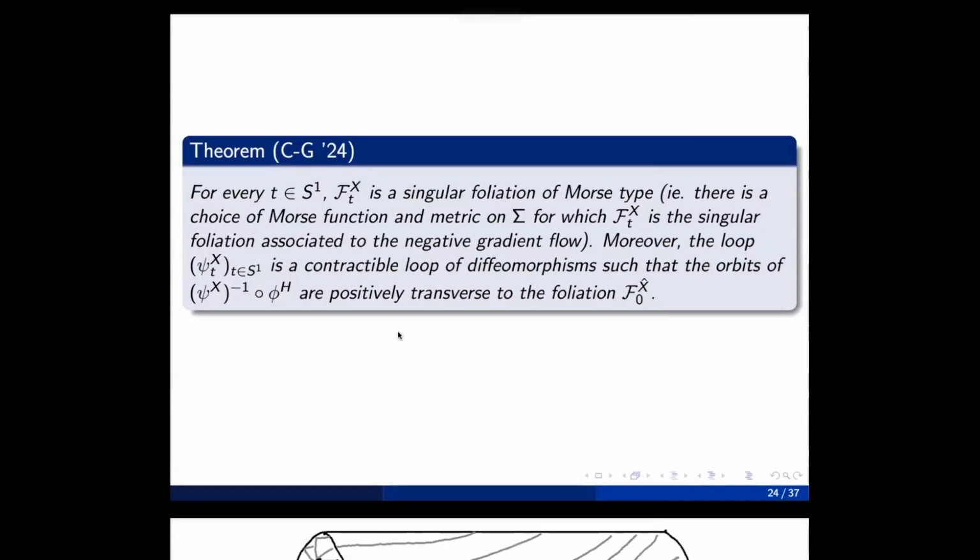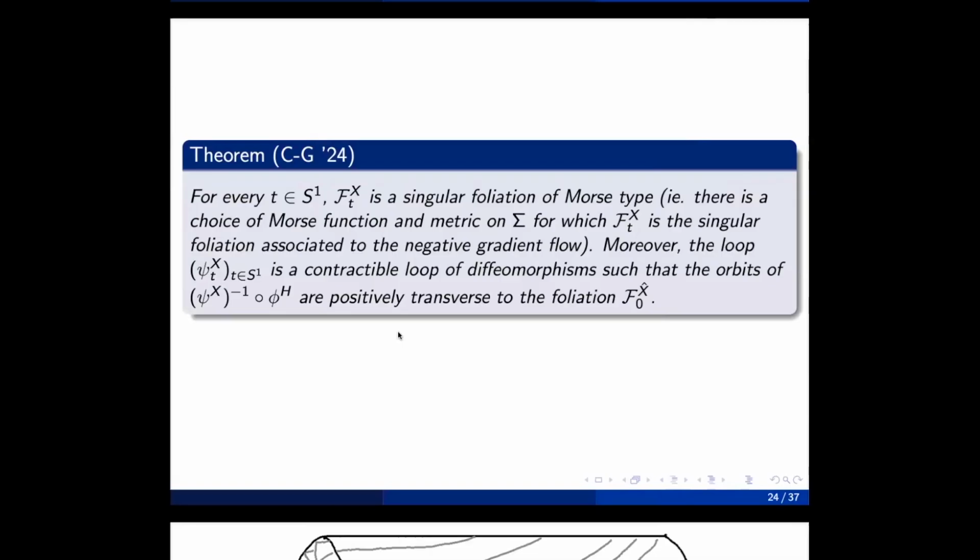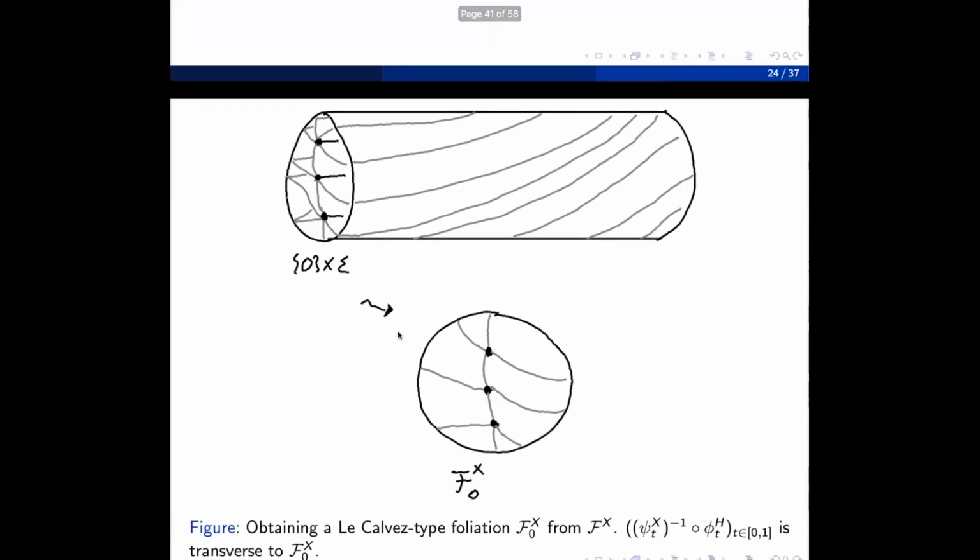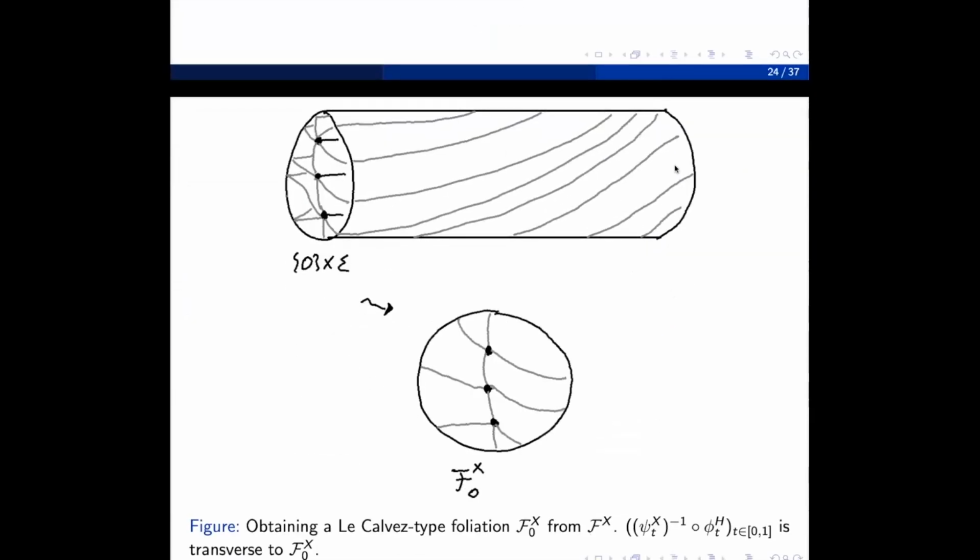An interesting fact here is that these singular foliations over the surface, in this picture, you have your foliation of the mapping torus, and here you have the slice over 0.